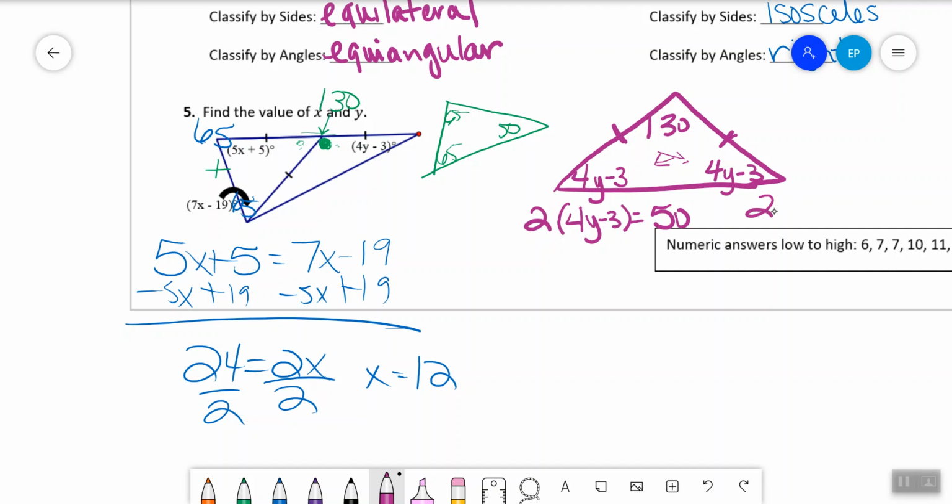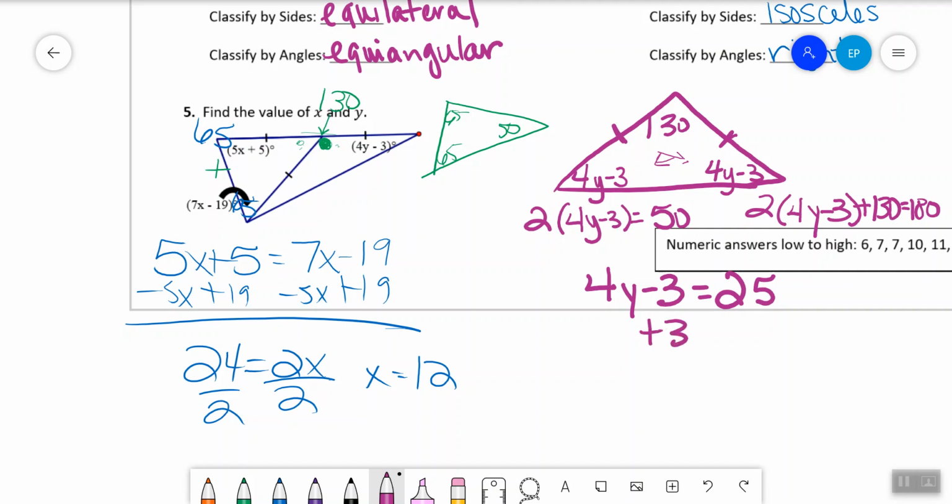You can do 2 times 4y minus 3 plus 130 equals 180. Either way, you're going to come up to 4y minus 3 equals 25. Or, the longer way, 8y minus 6 equals 50, which gets you to the same thing.